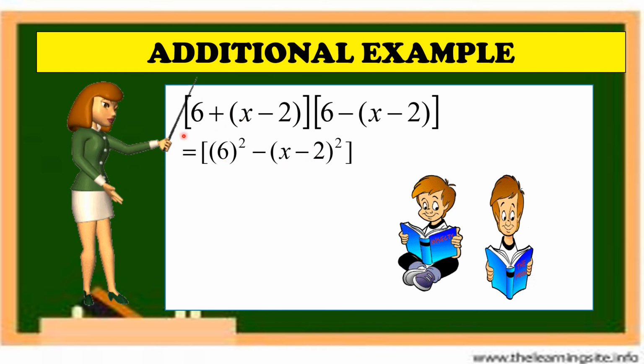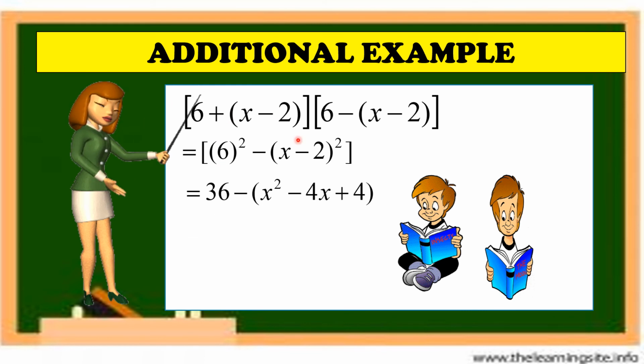6 times 6 is 36. Then (x minus 2) quantity square is square the first term, twice the first and the second, square the second. That is x squared minus 4x plus 4. Since the operation is subtraction, we change the sign of the subtrahend.